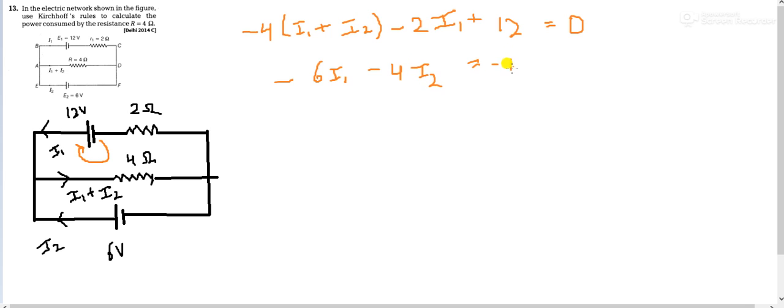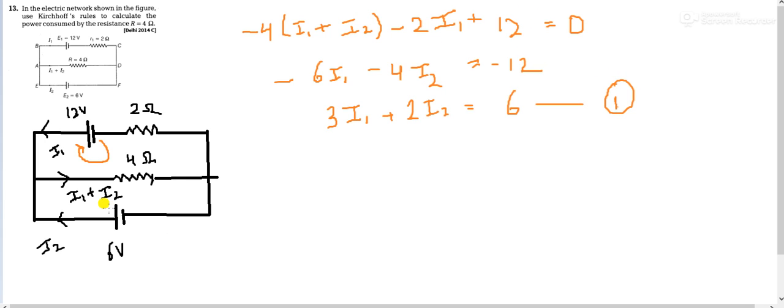If you simplify this equation more, you can neglect the negative signs and you can take 2 common, so it becomes 3 I1 plus 2 I2 is equal to 6. Let this be your first equation.